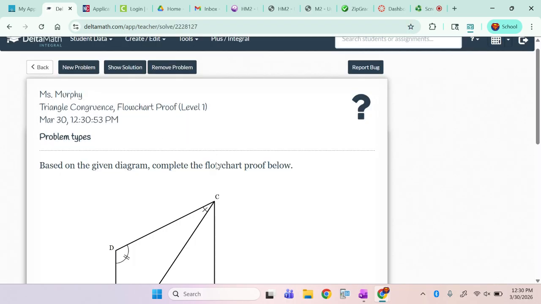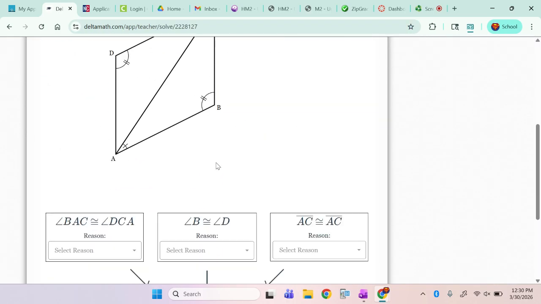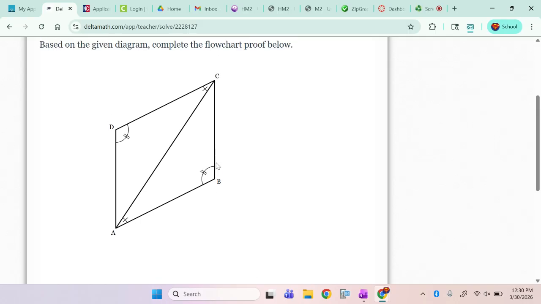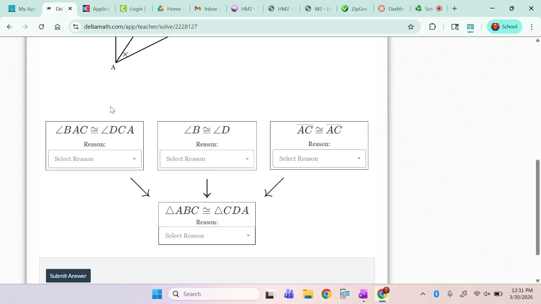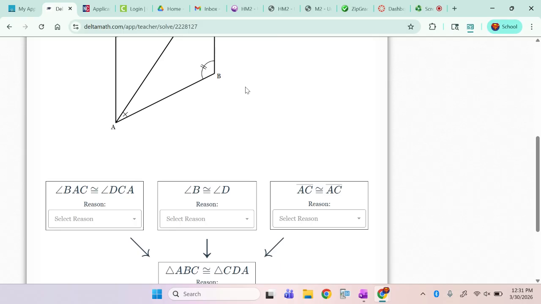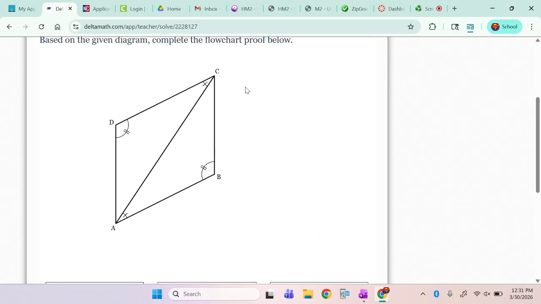So that very first section. This one is reasons only, so they told us all the statements. Now, let me tell you something. If it's marked, it is freely given.